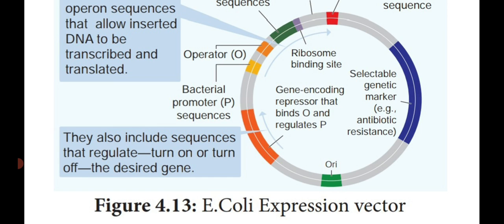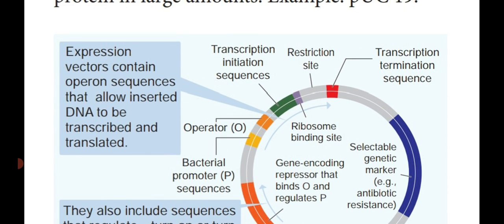Then, as usual, the vector contains three features. ORI, the origin of replication, is in this region. Then the transcription initiation sequence is in the region denoted in green color, and the violet color is where the mRNA strand binds to the ribosome.